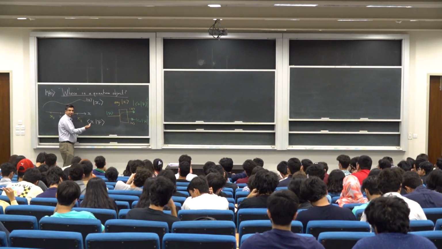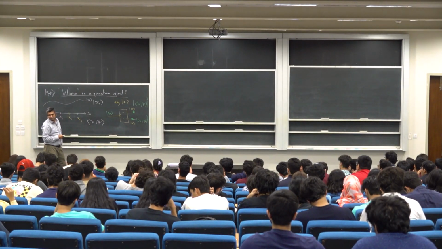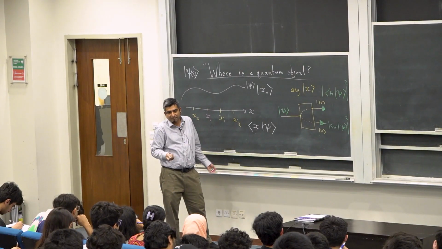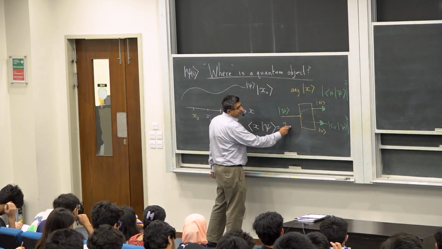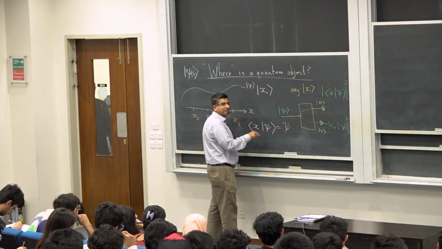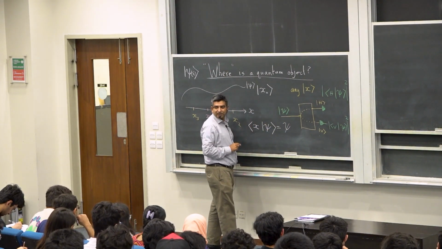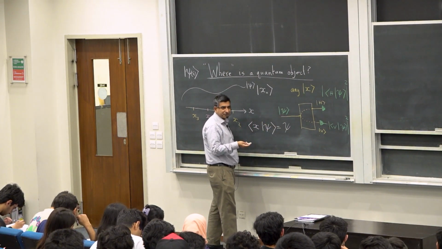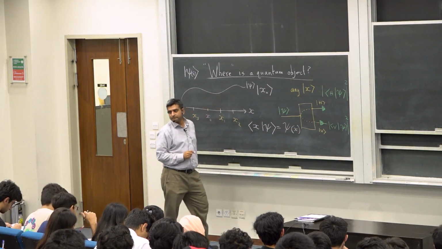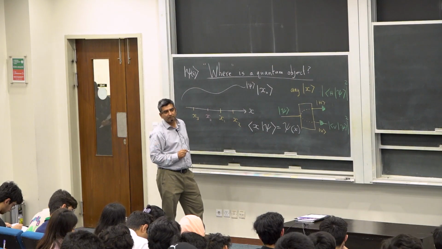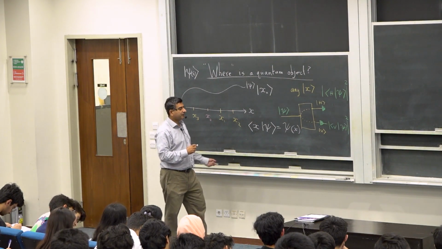And this number can be a function of x. So let's call this function psi, the same symbol psi, but without the cat sign, because now it's not a cat, it's a function of space.